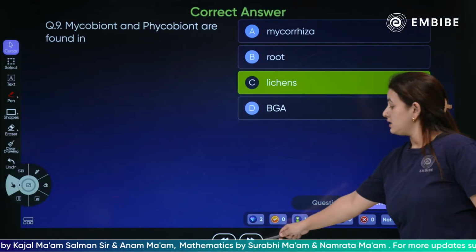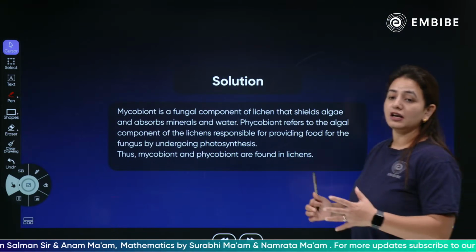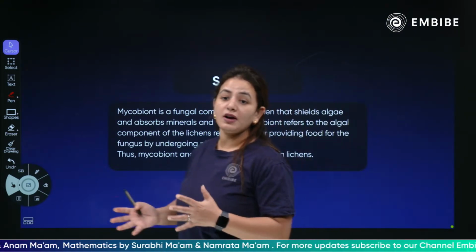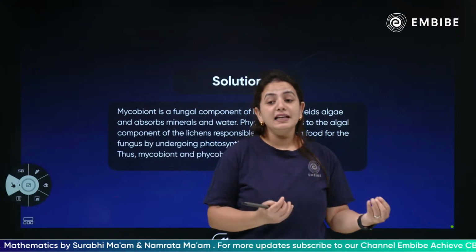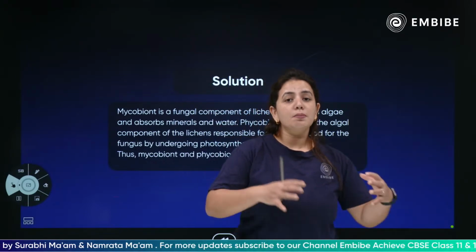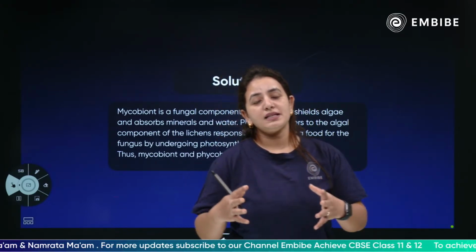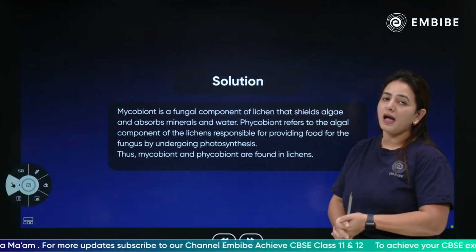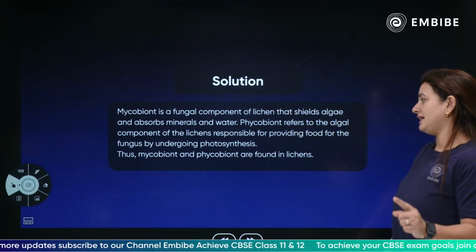Lichen has this symbiotic relationship, where the fungal component is known as mycobiont and the algae is known as phycobiont. Both are living together, basically having this symbiotic relationship, and that is what you call lichen.